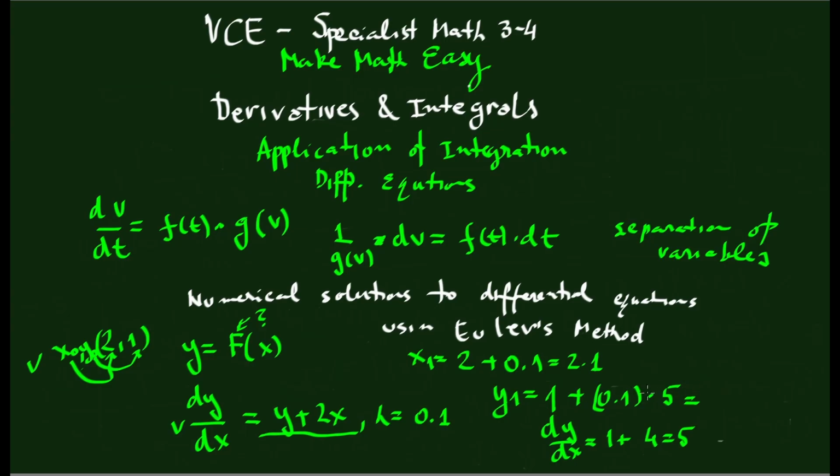So what do we get? 1.5. So our second pair x1, y1 is equal to 2.1, 1.5, and so on.